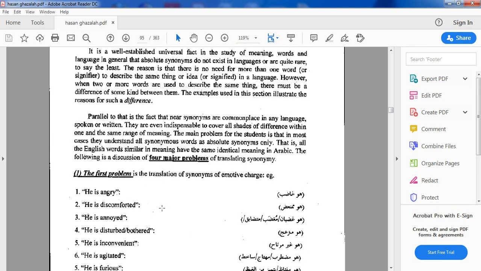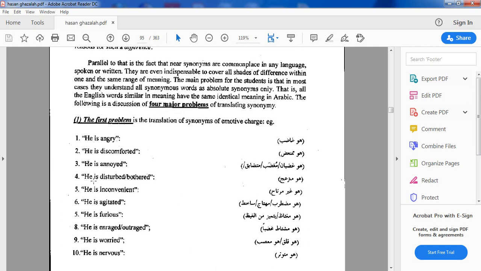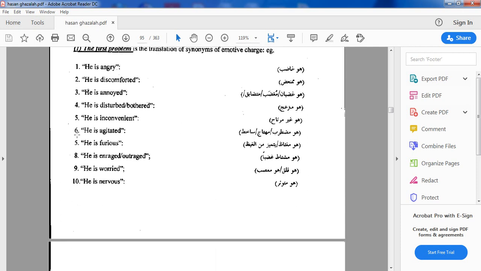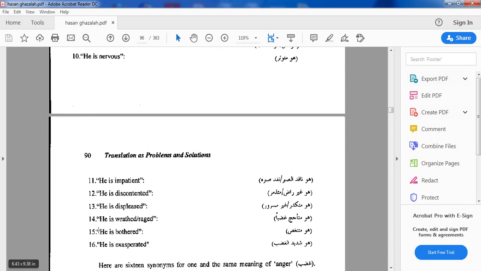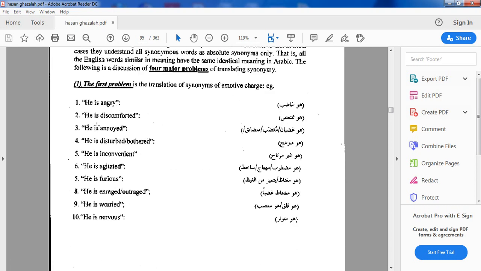The first one is the translation of synonyms of emotive charge. And actually he gives here 16 sentences.